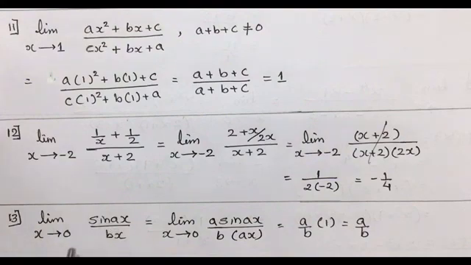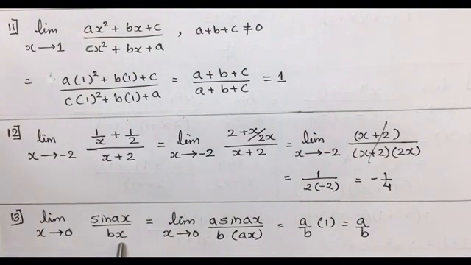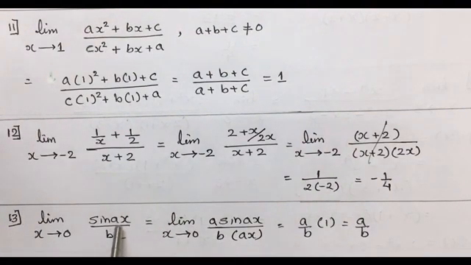That formula is to be used here. Now, we have sin ax and downside it is bx. So, in the denominator, we have to bring a so that the formula can be used.